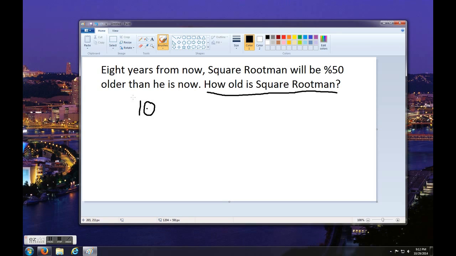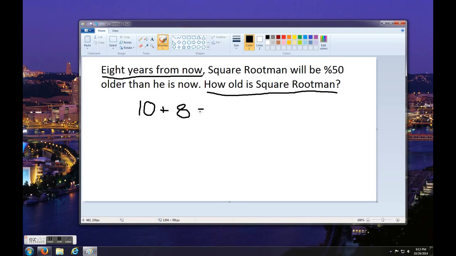So if he's 10 years old, it wants to know 8 years from now. So if he's 10 years old now, I'm going to have to add 8. And that's going to tell me how old he is in 8 years. What are we comparing this to? Well, saying in 8 years, he will be 50% older than he is now.